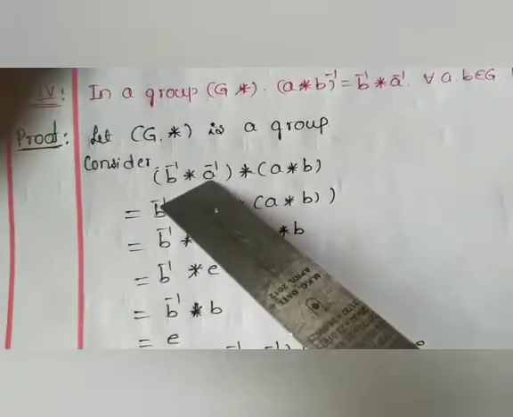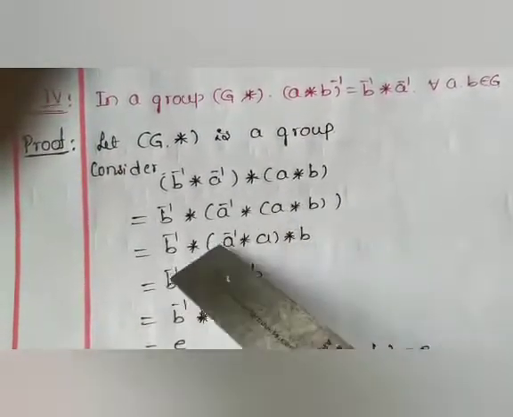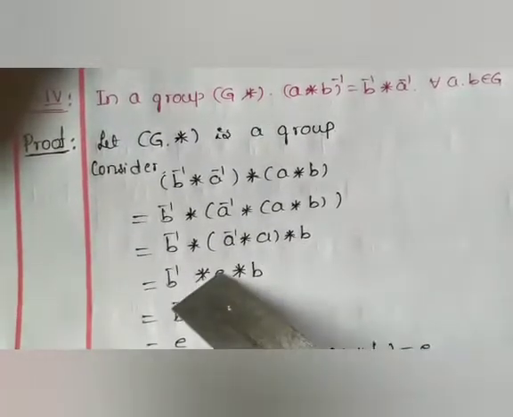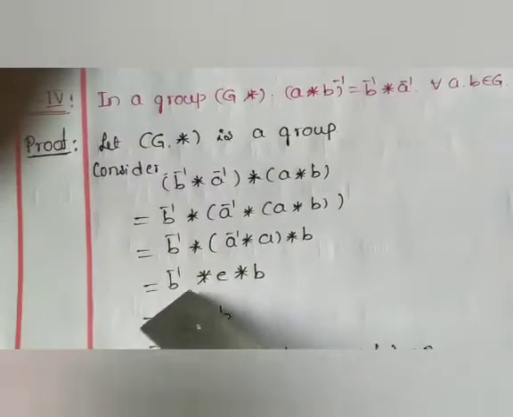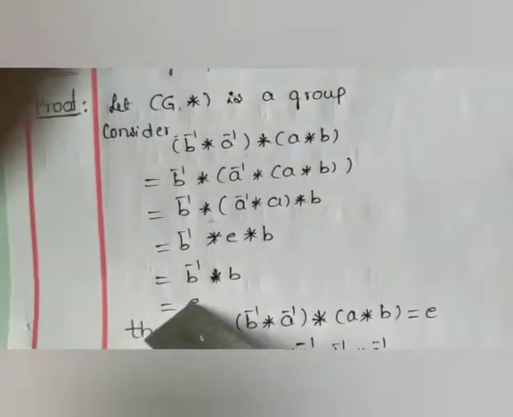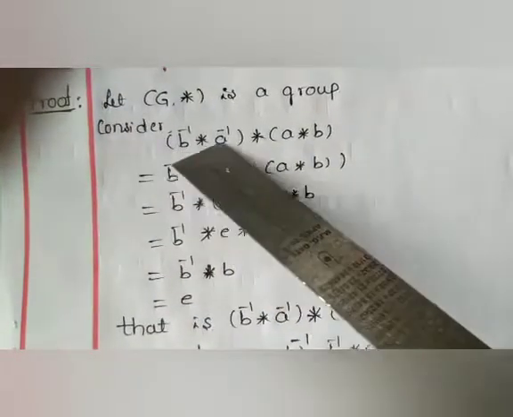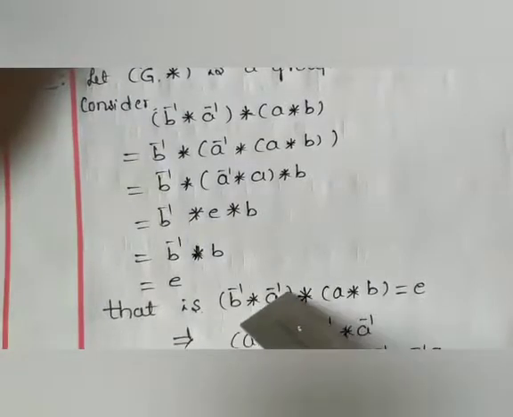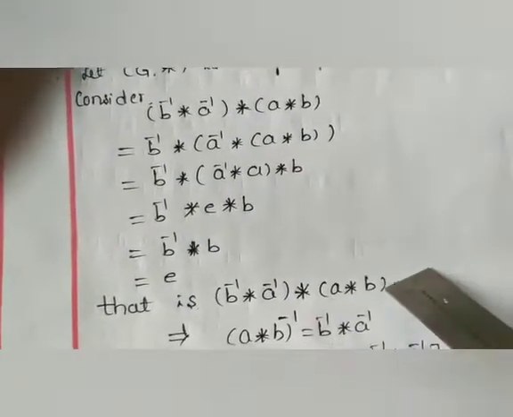Now A inverse can be taken into this bracket. Next I group A inverse star A, but A inverse star A is E because of the inverse law. Then E star B can be written as B. But B star B inverse is E. What do you get? This whole result is equal to E. That is, B inverse star A inverse star A star B equals E.